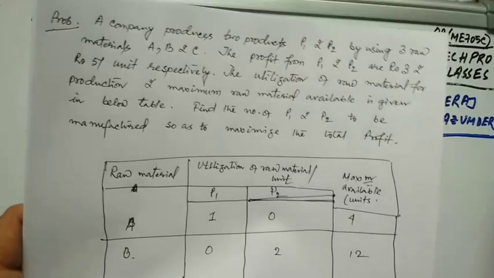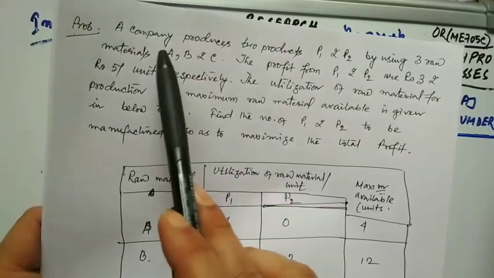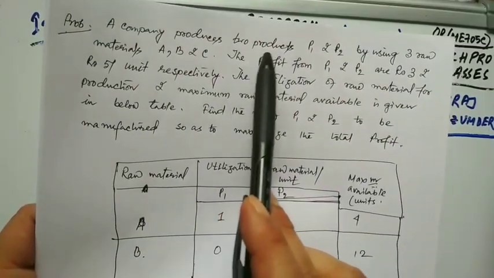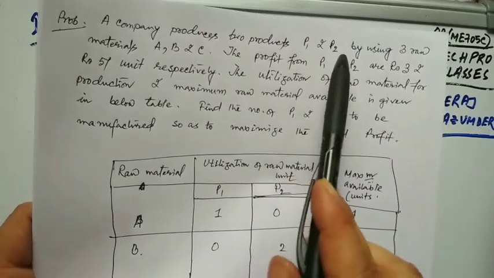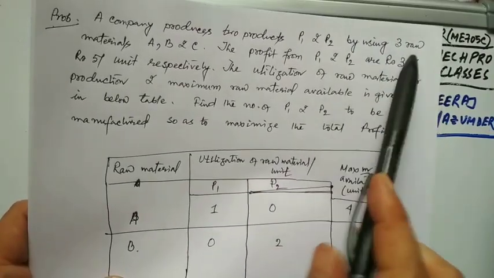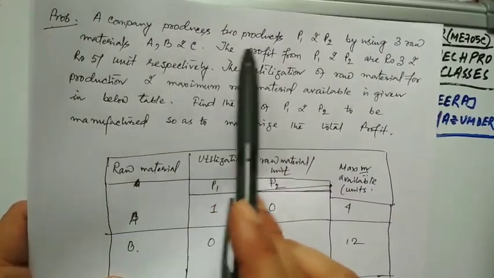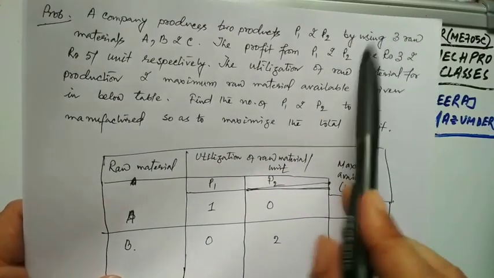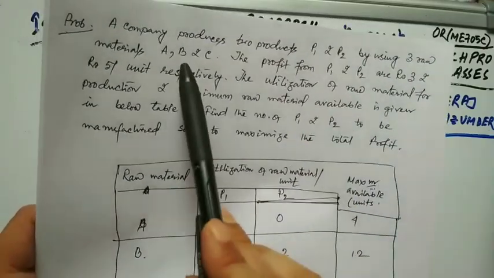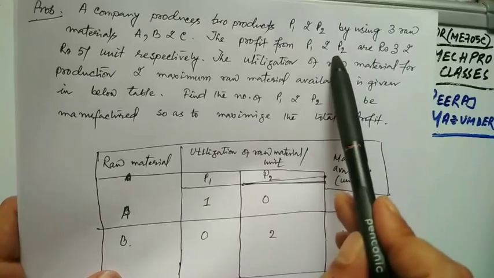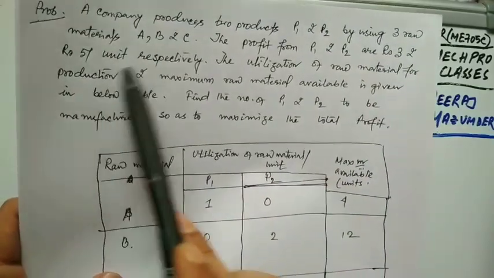It says a company produces two products P1 and P2 by using three raw materials A, B and C. The profit from P1 and P2 is ₹3 and ₹5 per unit respectively.